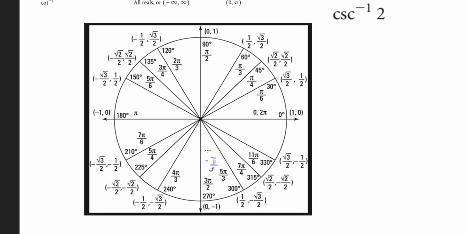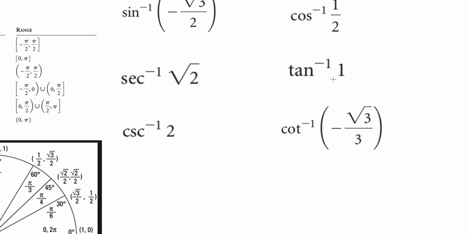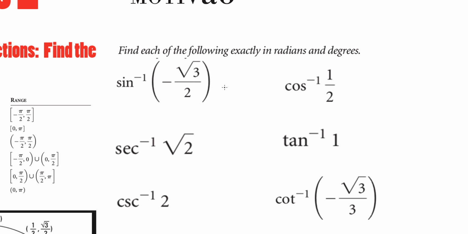And in degrees will be negative 60 degrees. Okay? So that's the value for the first one. Negative pi over 3 or negative 60 degrees. Okay?